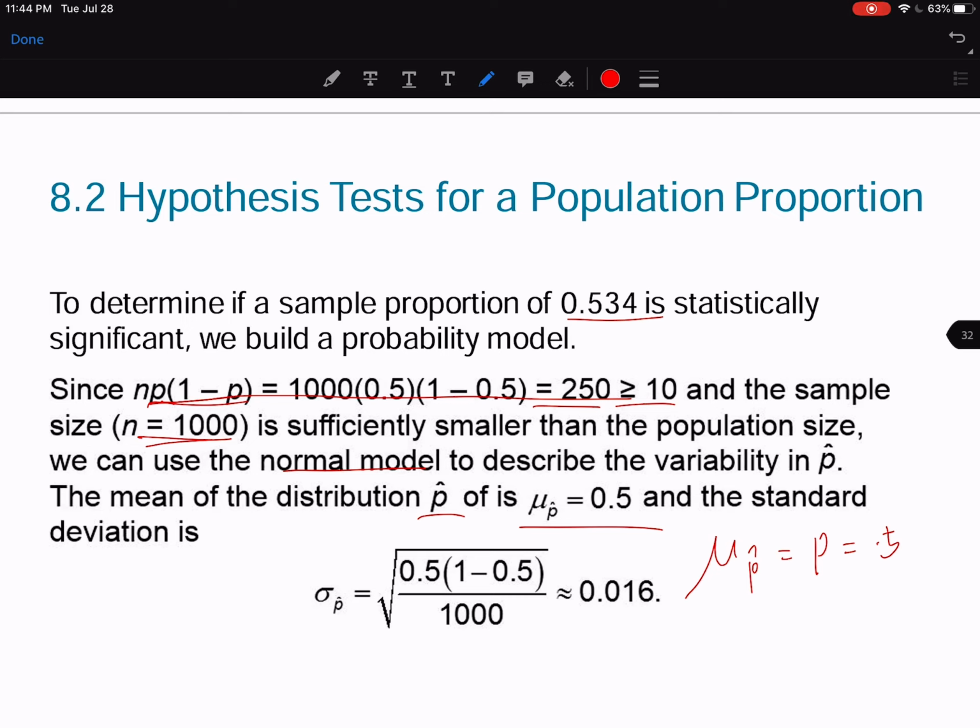In this case, the population proportion we're dealing with is 0.5, and the standard deviation of p hat is equal to the square root of p times 1 minus p over n, where n is the sample size, 1,000 here. So the standard deviation is equal to the square root of 0.5 times 1 minus 0.5 divided by 1,000, which is approximately 0.016.